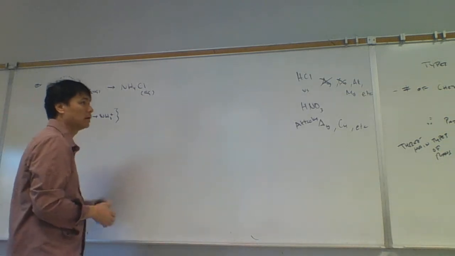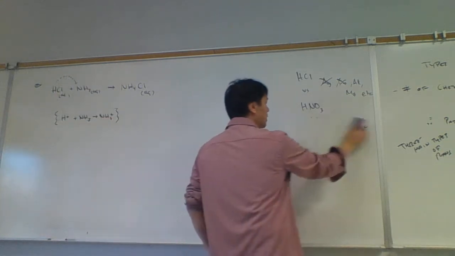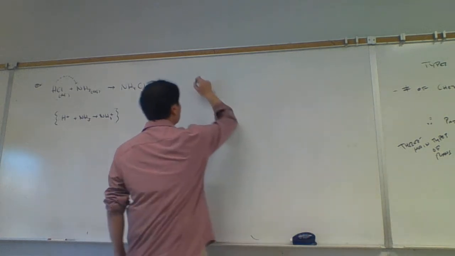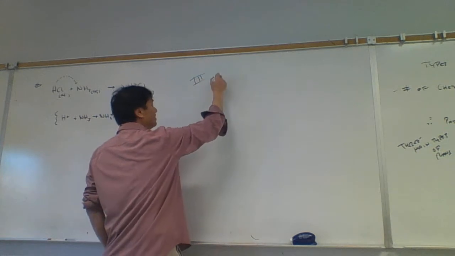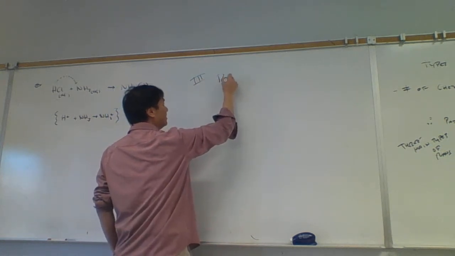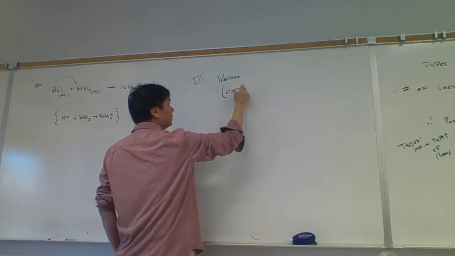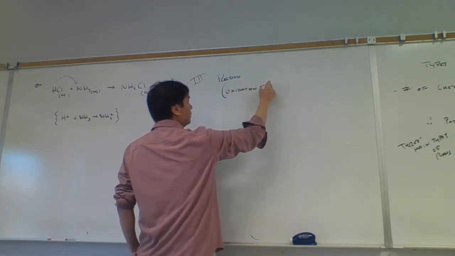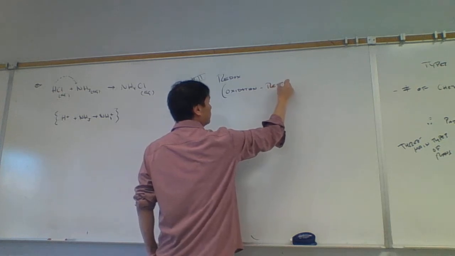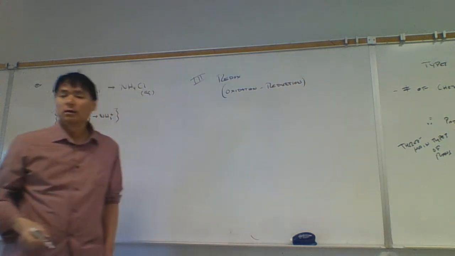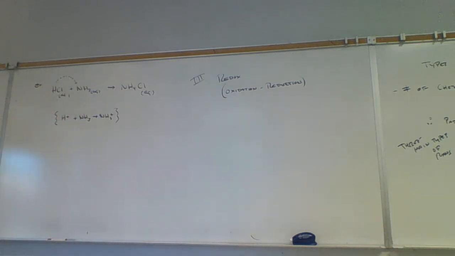The next type of reaction is reaction type 3, called a redox reaction. Redox stands for oxidation and reduction. When something's oxidized, it loses electrons.